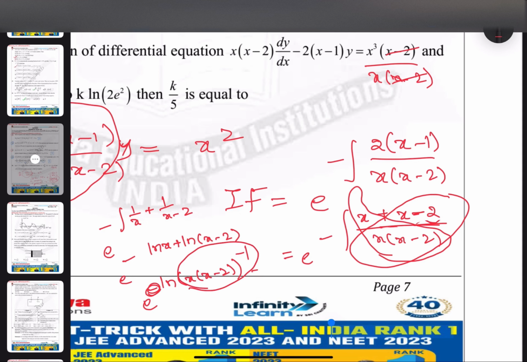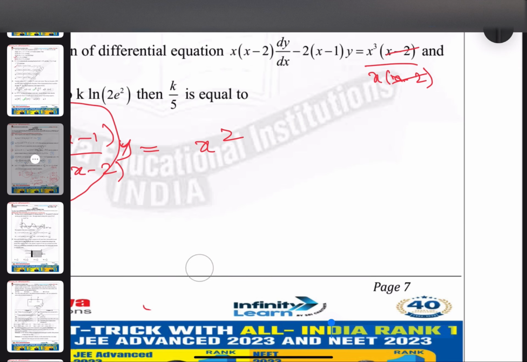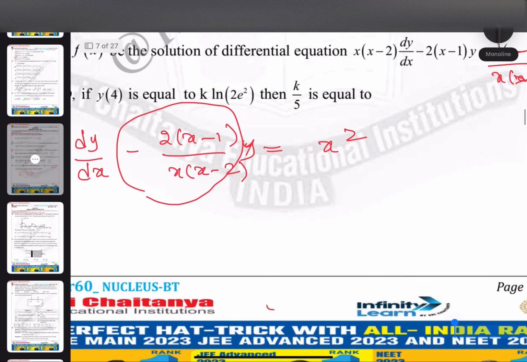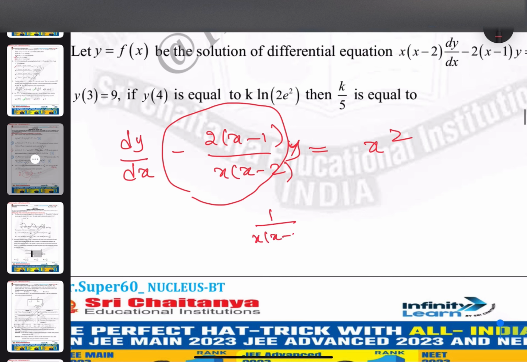So that is 1 by x into x minus 2. Alright. So integrating factor is 1 by x into x minus 2. So once you find the integrating factor, left hand side will be integrating factor multiplied by y, d by dx of this, and right side will be x square by simply x into x minus 2.